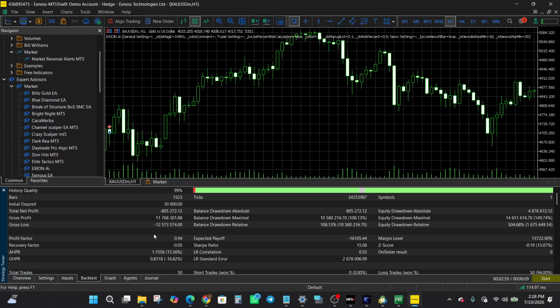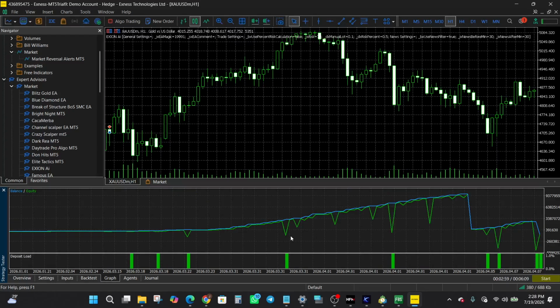If I go take a sneak peek at the balance equity curve, I can see that the balance seemed to have grown significantly, to over 9.7 million dollars.